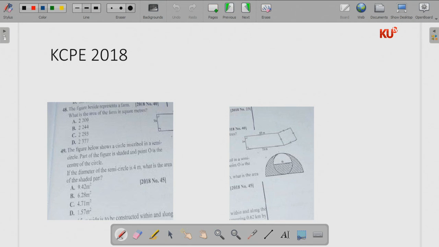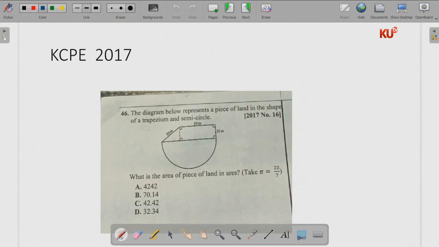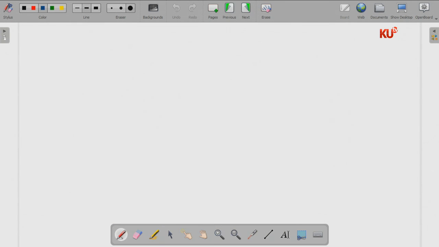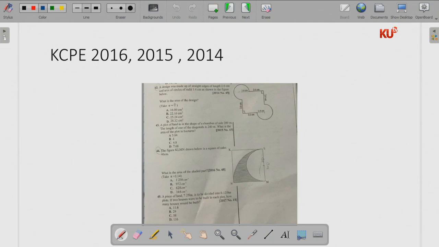You can see that is 2018, and that's number 40, and 2018 number 45. Then 2017 is also there. You check number 27, number 16 is the one we will solve. Then 2016, 2015 and 2014. Make sure you also solve those ones at home.